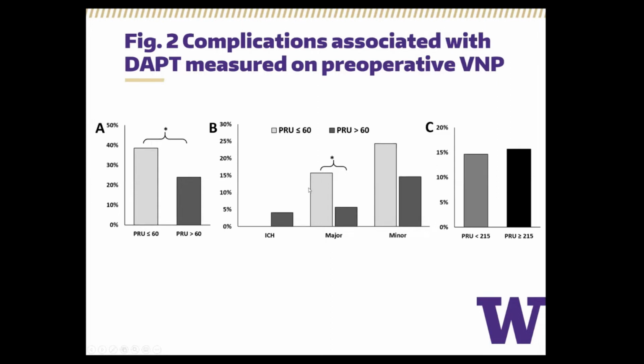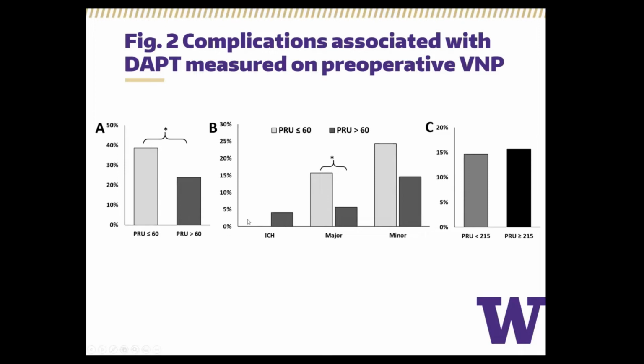However, unlike those other papers, we actually divided everything up, and we wanted to know what the drivers of those hemorrhagic complications were, because no one really looked at whether intracranial hemorrhage was driving it or other things. So we divided it into intracranial hemorrhage, major bleeds, which we defined as: one, did you need a vascular consult; two, did you need vascular imaging; or three, did you need a transfusion.